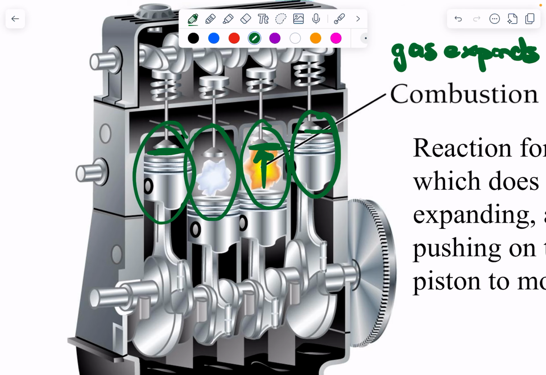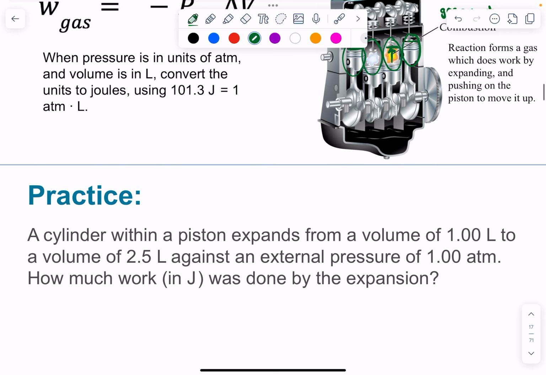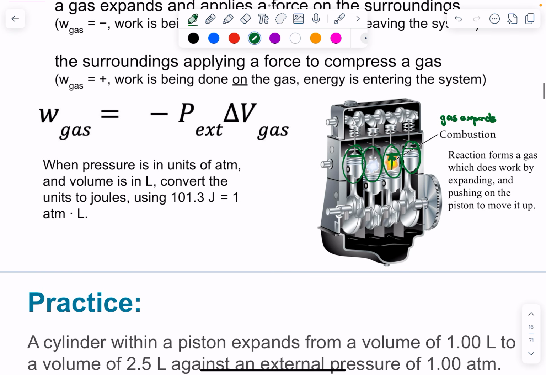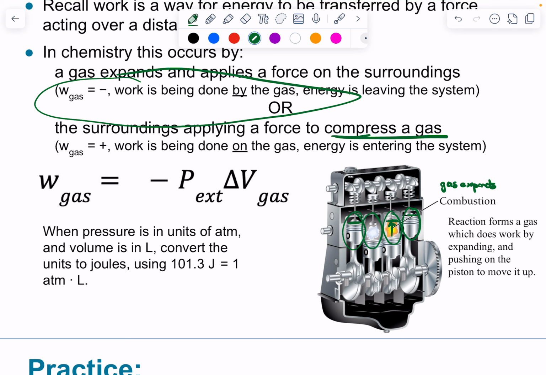So when we go to calculate this, because I think on the next page, yep, we're going to calculate it, we should see that work is negative if the gas is doing the work, okay? So if the gas pushes on the surroundings, applies a force to the surroundings, then it should be negative. If the surroundings apply a force on the gas, we would see this if it was compressed. This is not in an internal combustion engine. This is if the gas was compressed, then the work would be positive.